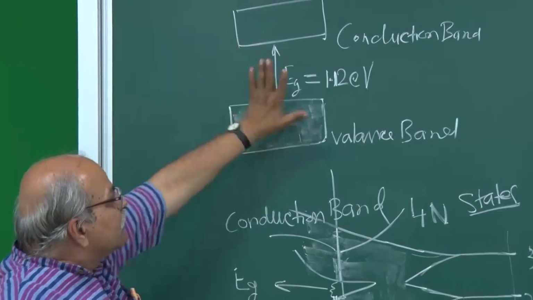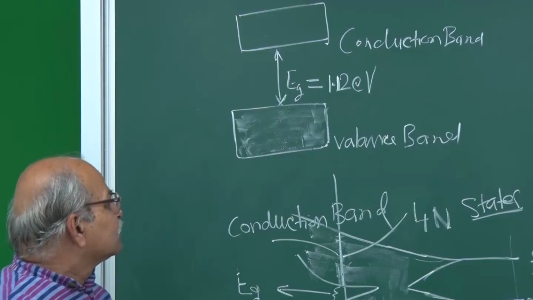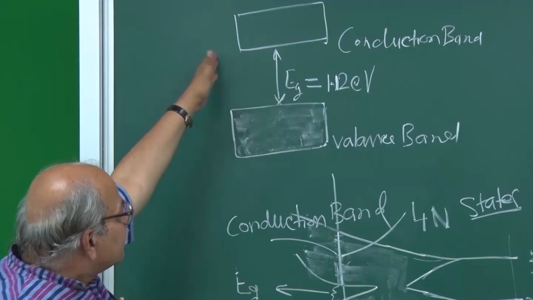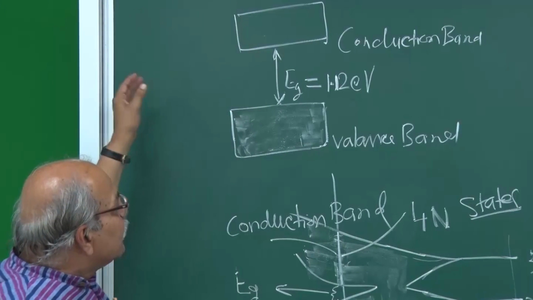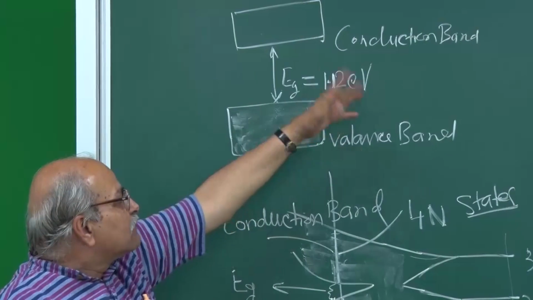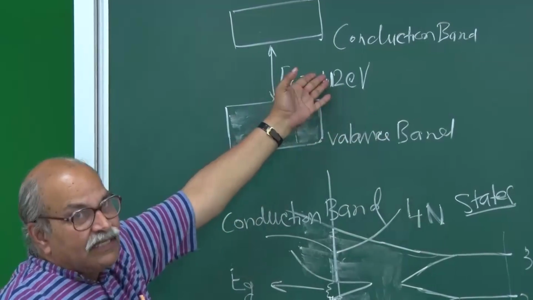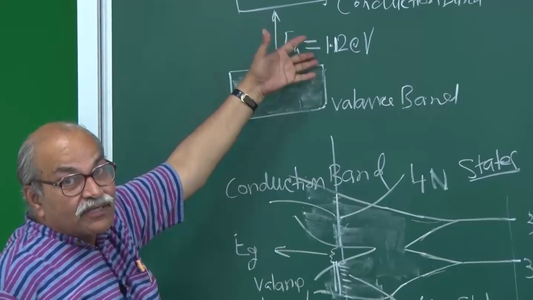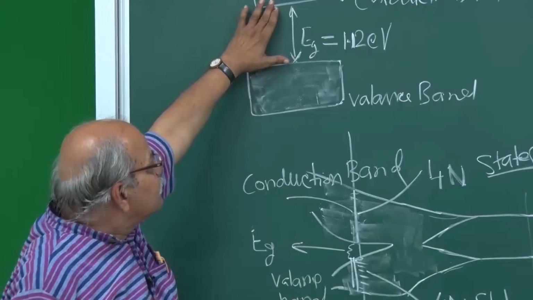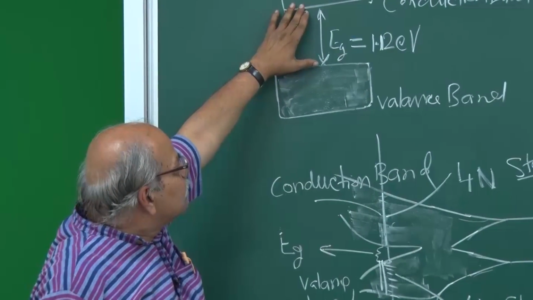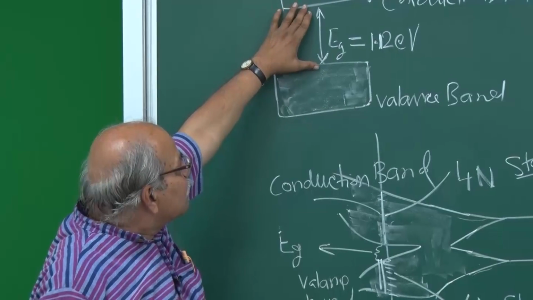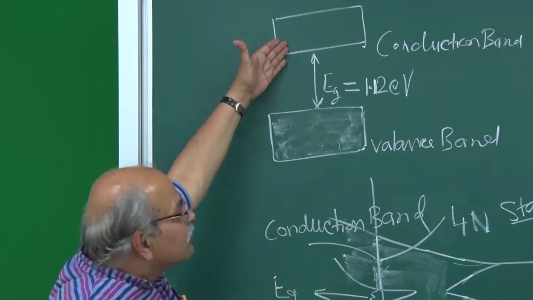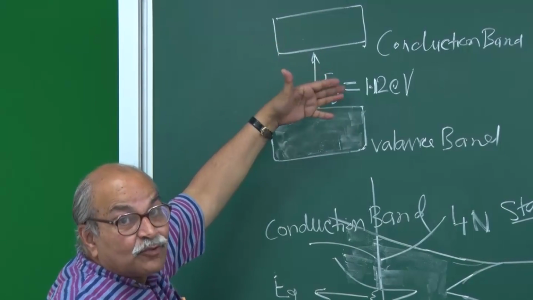So you can always assume that it is 1.12 electron volts. So this is how the energy band diagram looks in this one dimension. Okay, 1.12 eV compared with 26 milli electron volts is certainly large, but as I told, it's not very large. It's not 100 times, 200 times like that, and this is enough for some electrons making a transition from here to there and making conduction possible at room temperature.